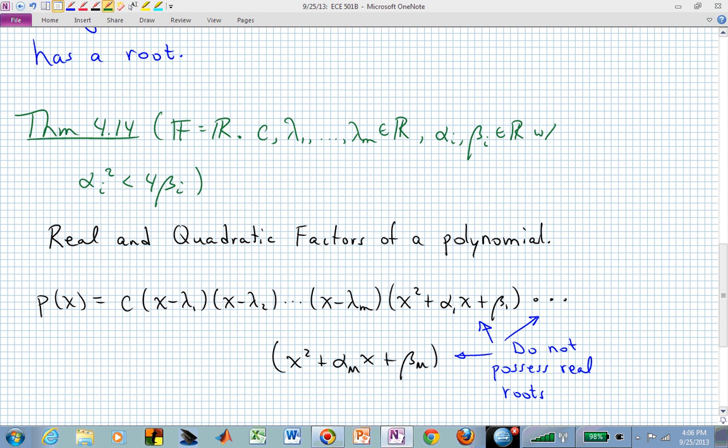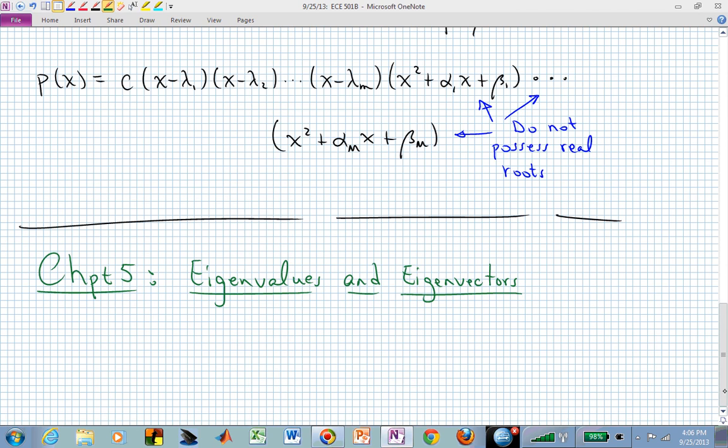I would just say look at chapter 4 and make sure that you're comfortable with these concepts, because those are going to be relied upon now that we're into chapter 5. But we won't really explicitly deal too much with polynomials and chapter 4 materials specifically or directly.